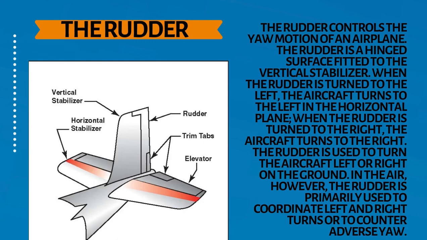When the rudder is turned to the right, the aircraft turns to the right. The rudder is used to turn the aircraft left or right on the ground. In the air, however, the rudder is primarily used to coordinate left and right turns or to counter adverse yaw.